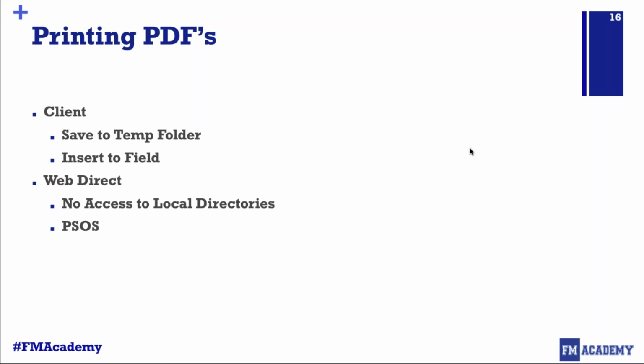Typically, when you're printing something to a PDF on the client, you save it to a temporary folder, and then you'll insert it into a field to use it later. Another problem is with WebDirect, you don't have access to local directories, so you can't save a PDF to a temporary folder. So the solution for that is to make all your PDFs on the server using perform script on server.